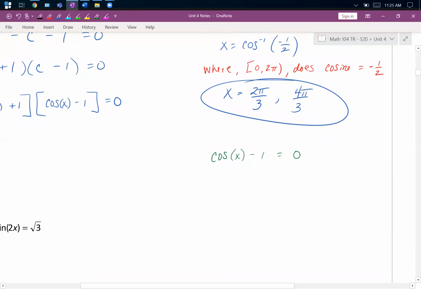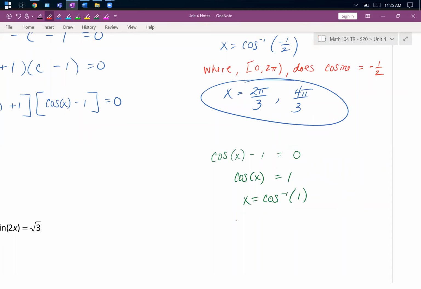We also need to solve cosine of x minus 1 equals 0. Linear, so again, we're going to isolate the trig function. If cosine of x is equal to 1, then x is equal to cosine inverse of 1.